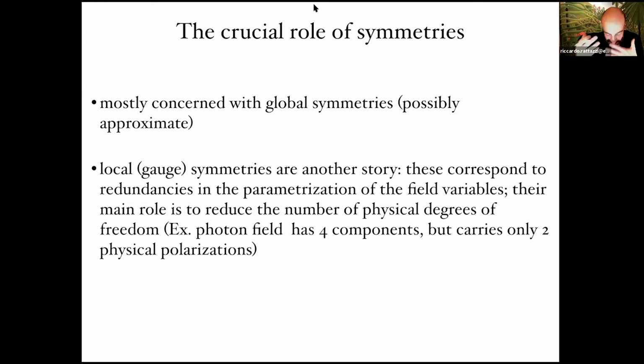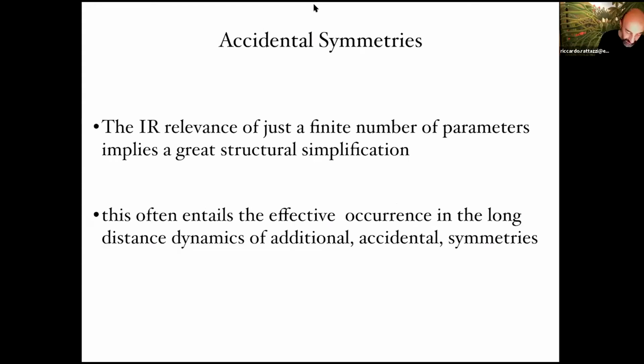So let me just get to that. Now, what is the very important part? There's something very important in what I've been telling you so far about effective descriptions of nature in general, starting with the multipole expansion. I just said that when you go to long distances or low energy, the set of parameters that matter is reduced because the vast majority of multipoles, or the vast majority of operators, will have effects that are suppressed when the energy goes to 0.